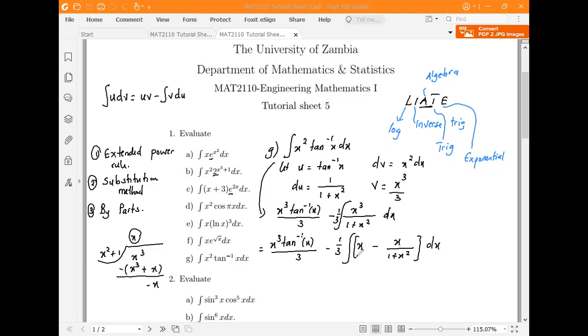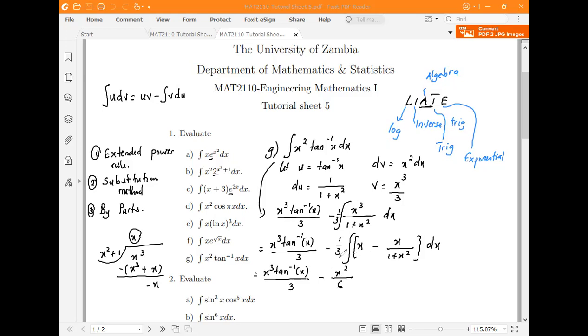So I've broken it into partial fractions. And after doing that, then I now want to integrate. So we have x³ tan inverse of x over 3 minus x² over 6. Why 6? Because I've placed the 2 here, divide by 2. Now that 2 multiplied by 3. So that's why it becomes 6.